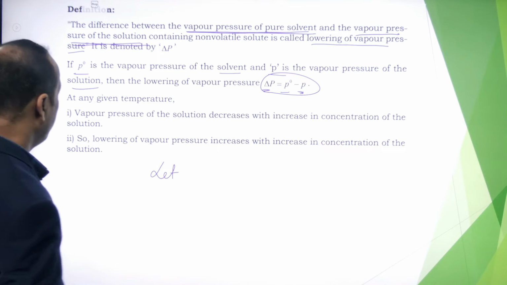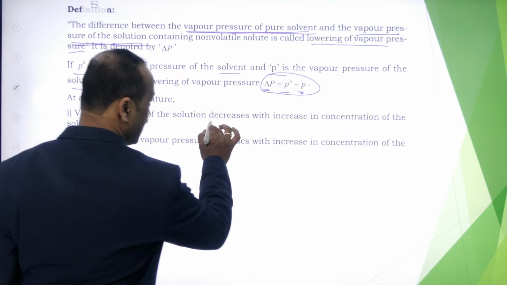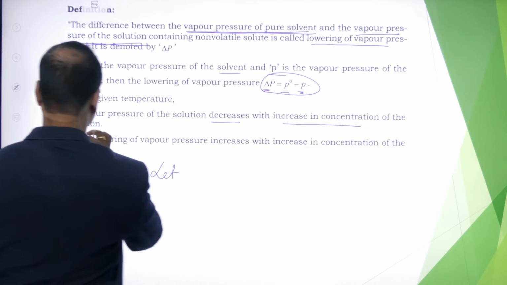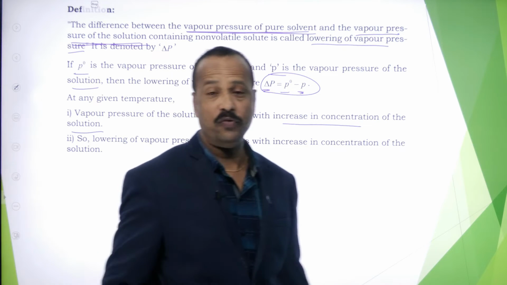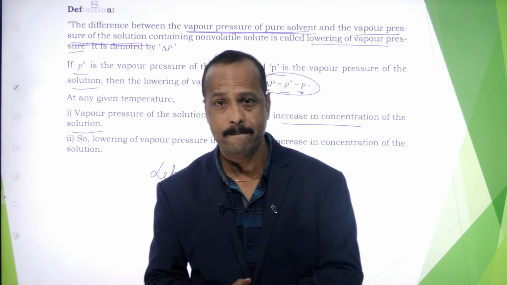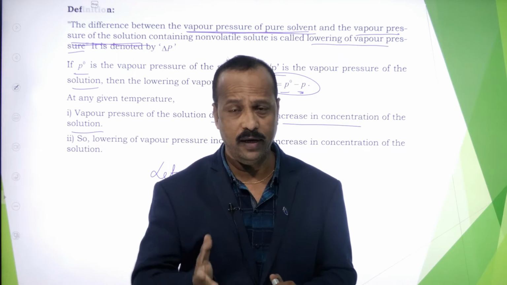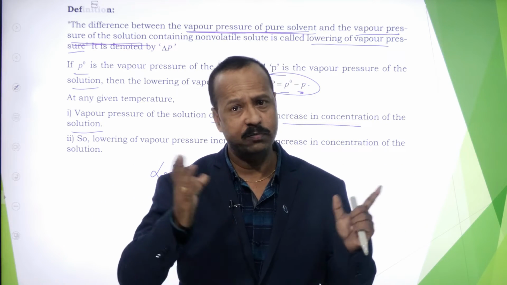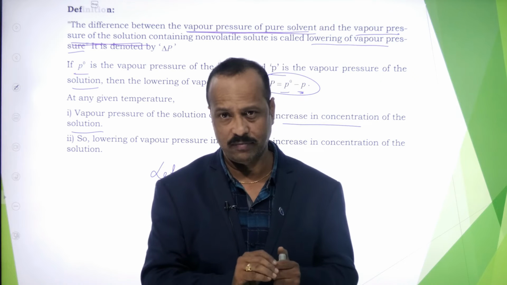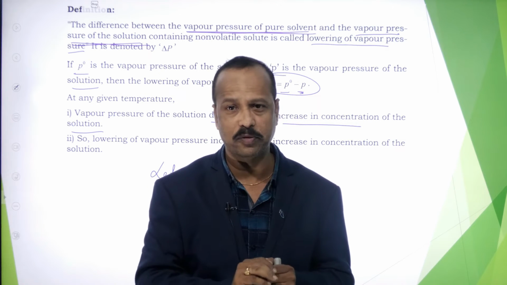Now, at any given temperature, the vapor pressure of the solution decreases with an increase in the concentration of the solution. The meaning is this: if you take 100 ml of pure water and boil it, the pressure exerted by the pure water is more. If you add 10 grams of salt, the vapor pressure decreases a little.